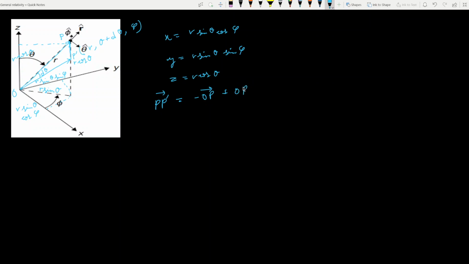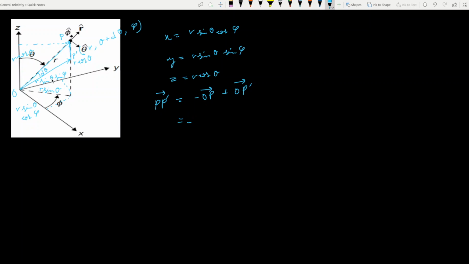Now what is the OP vector? Well, the OP vector can be written in terms of r's, thetas and phi's. Well, how do we do that? We have already found our components in the x, y and z direction, so that would be easy.